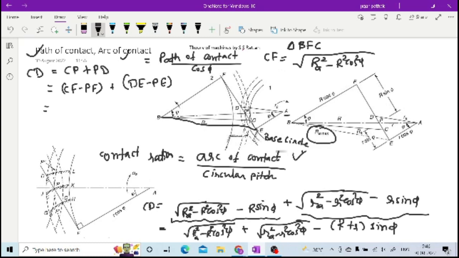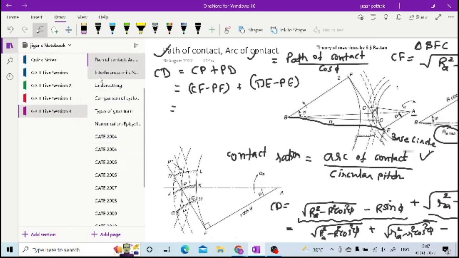So in order to avoid interference, your maximum addendum is BE. It should not be more than that. To calculate the minimum number of teeth required to avoid interference, we are going to again consider this figure. In this figure, if you take the triangle BFE, then you will have BE square equal to BF square plus FE square.